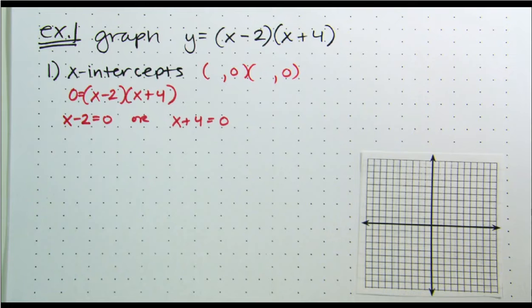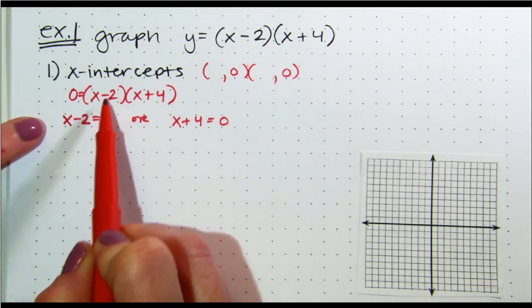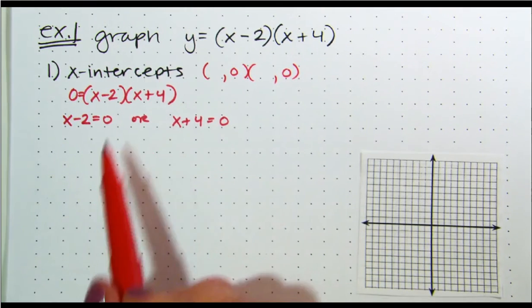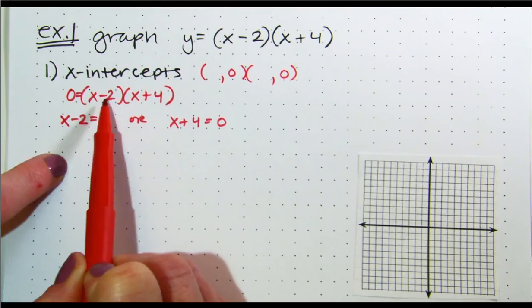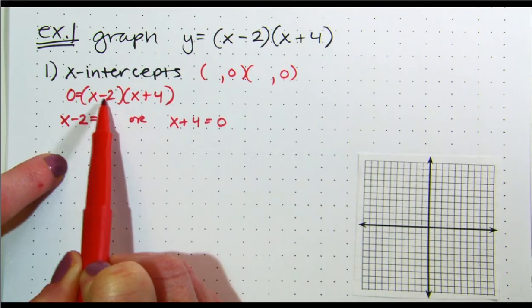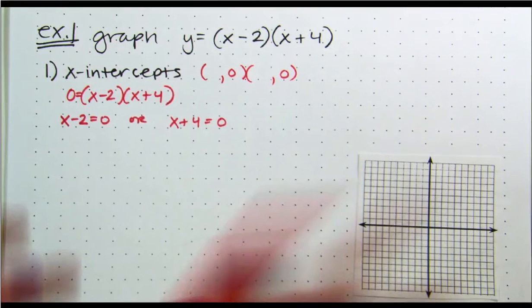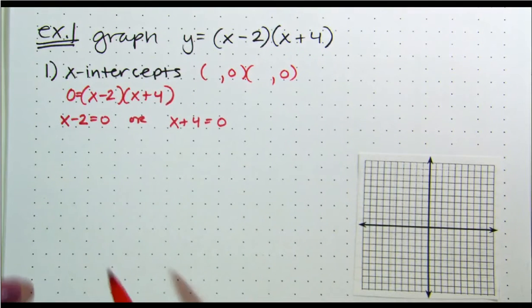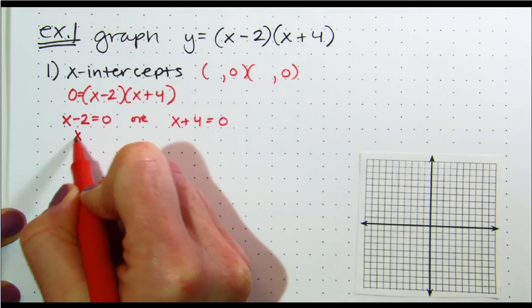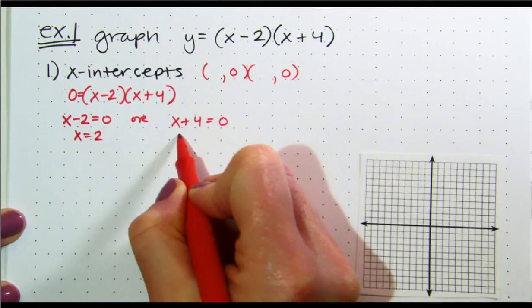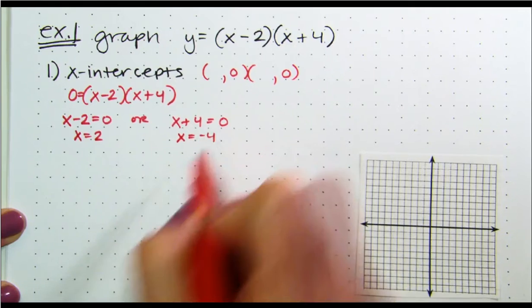Okay, so what we do is we set each of these equal to 0, because what I want to say is, if this term was 0, what would the x have to be? Or if this was 0, what would that x have to be? So this is going to get us our x-intercepts. First here, the x has to equal positive 2, and here the x has to equal negative 4.